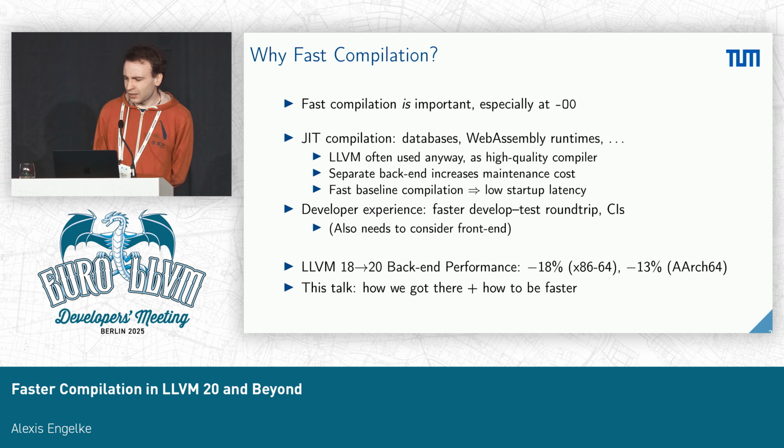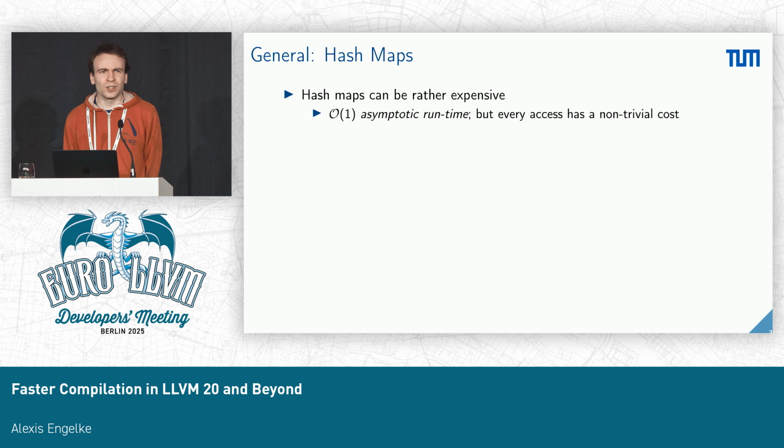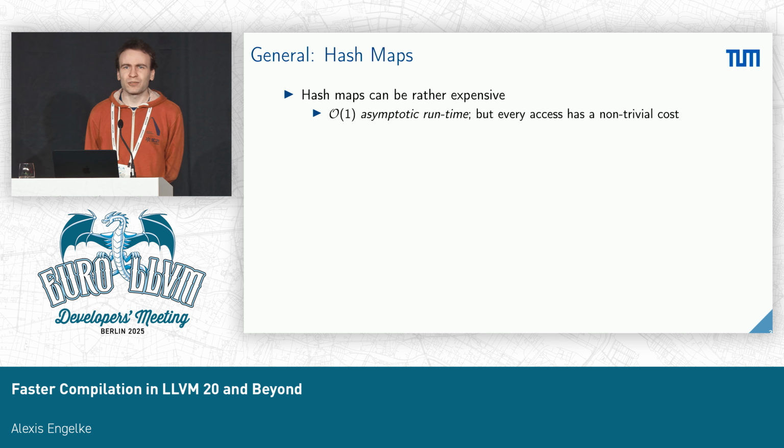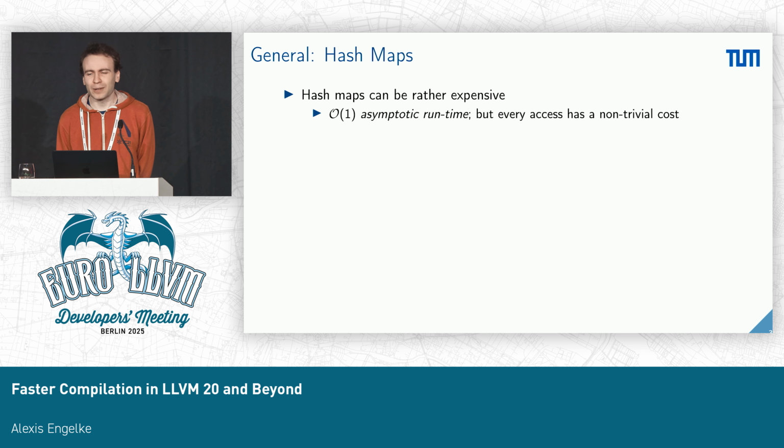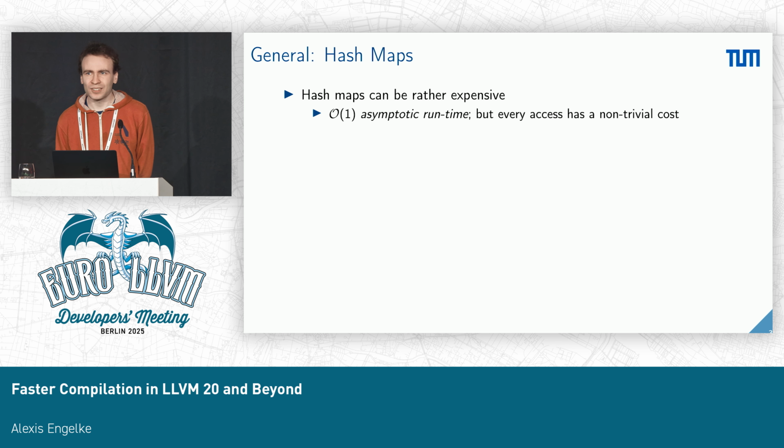Now, the first few things are some more general remarks on performance optimization. The first topic I want to talk about is hash maps. Hash maps have an O(1) average asymptotic time complexity for many of their operations, but O(1) neglects some constant factors, and if we access hash tables very often, then we get quite a substantial runtime cost.